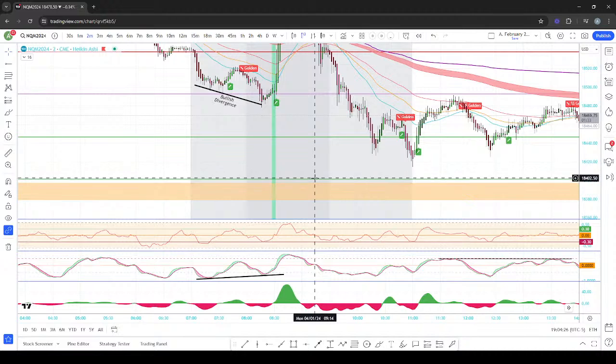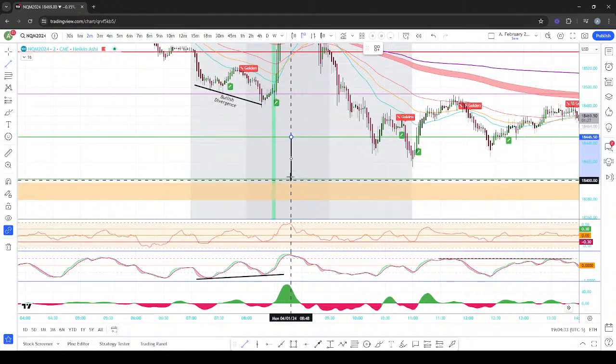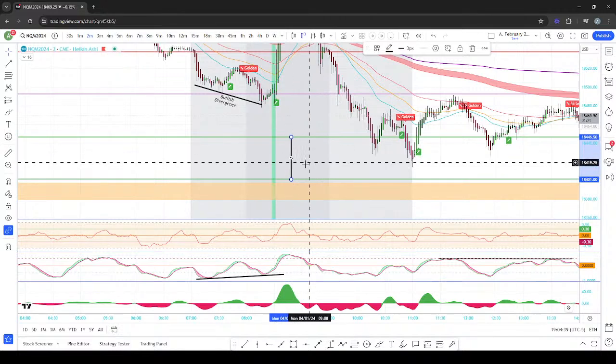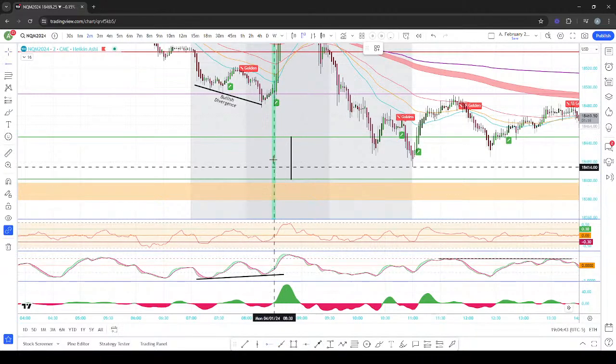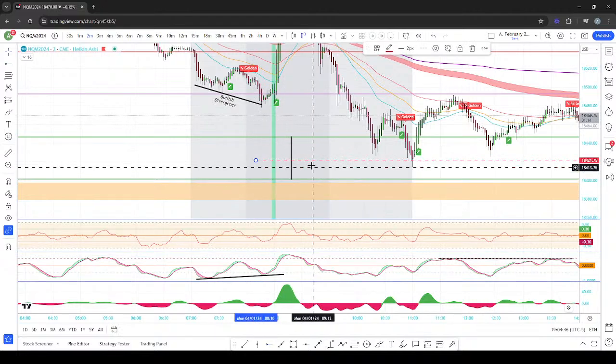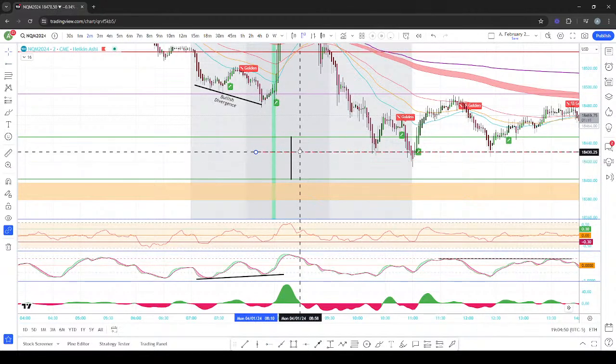So, even right here in the green area, I'm just going to draw one here real fast, just to show you something. If you hold your shift key, it keeps the line straight as you move it. So I'm going to grab the horizontal ray, draw that in, and I need to move this up a little bit.